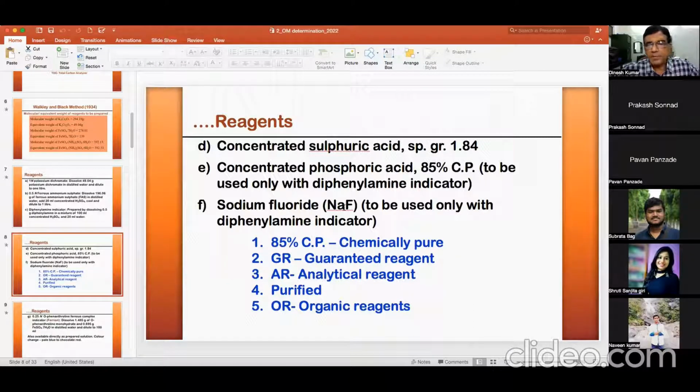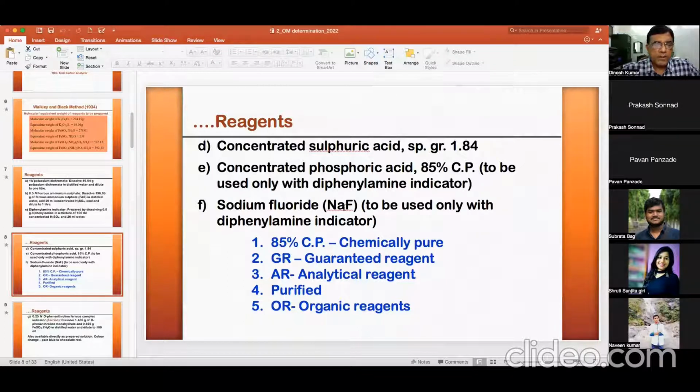And you can see the meaning of CP. 85% CP means 85% chemically pure. Sometimes on certain reagents, salts, acids, bases or chemicals, you will find GR, AR, purified.